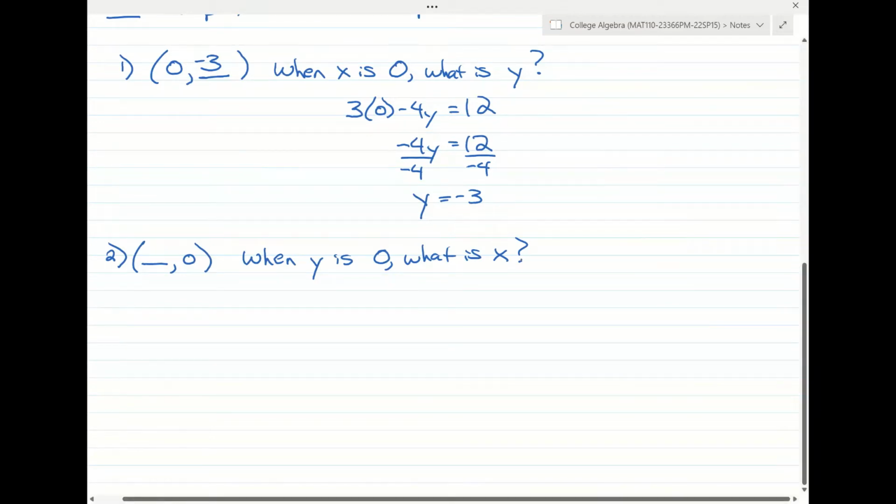So when y is 0, what is x? So let's go ahead and put 0 in for y. That would just be 3x is equal to 12. If you divide by 3, you get x is equal to 4.